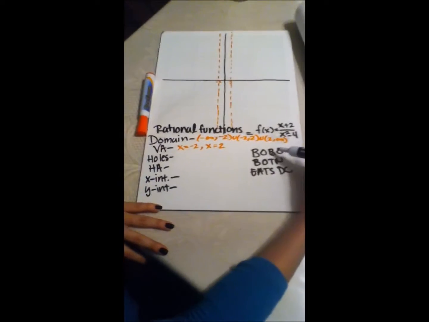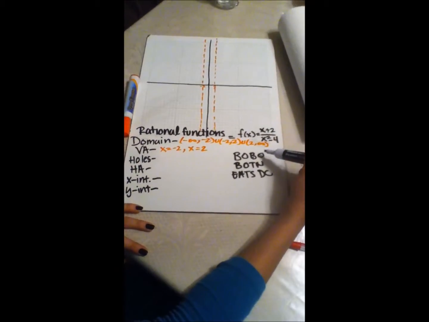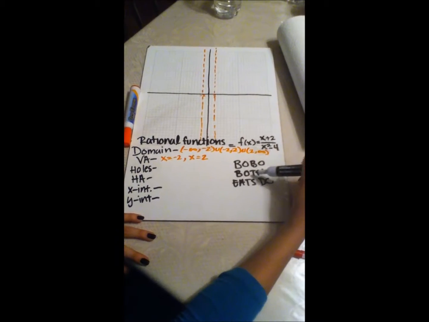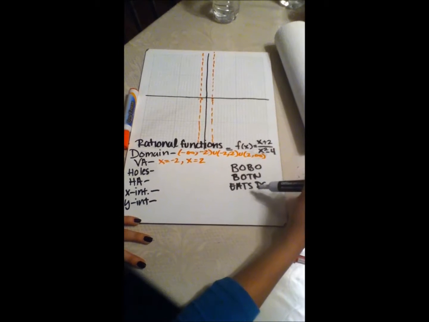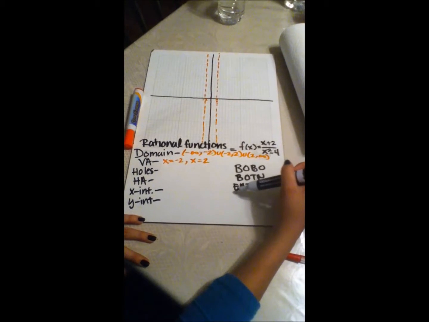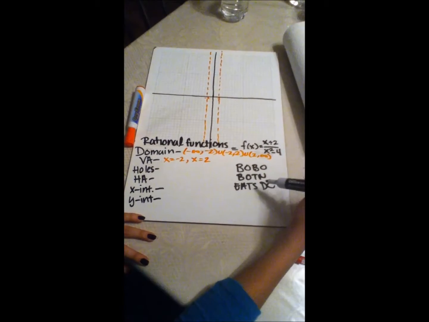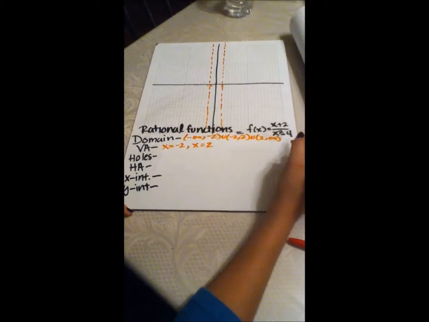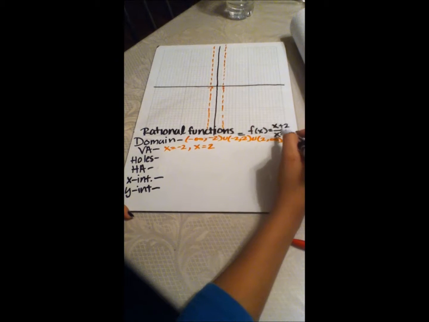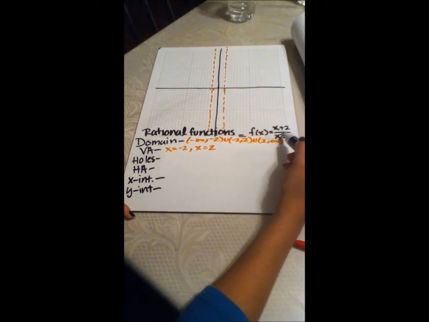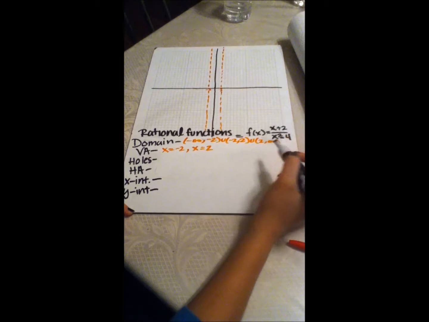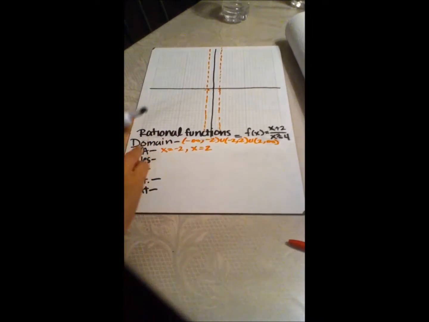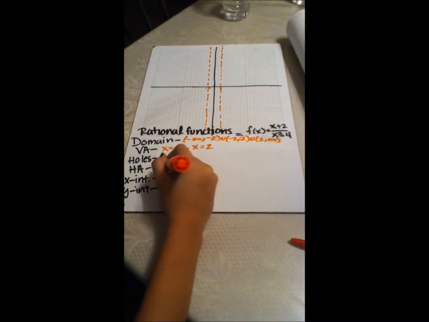Let's remember that BOBO stands for bigger on bottom, equals 0, BOTN stands for bigger on top, none, and EATS DC stands for exponents are all the same, divide coefficients. For this situation, the reason it is BOBO is because the exponent is bigger on the bottom, which will give us 0. So the horizontal asymptote has to be y equals 0.